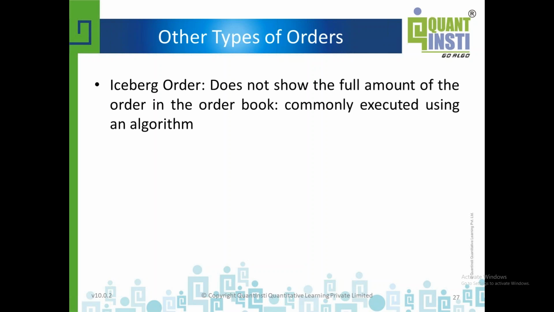So other types of orders, one is the iceberg order. Iceberg orders don't show the full amount of the order in the order book, right? They're commonly executed using an algorithm, right?